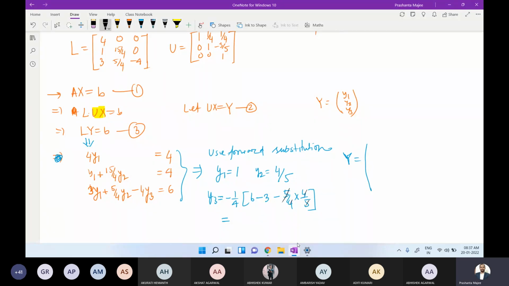So 2 by minus 4, so this is minus half. So that is y3. So you are getting the y vector as 1, 4 by 5 and minus half.